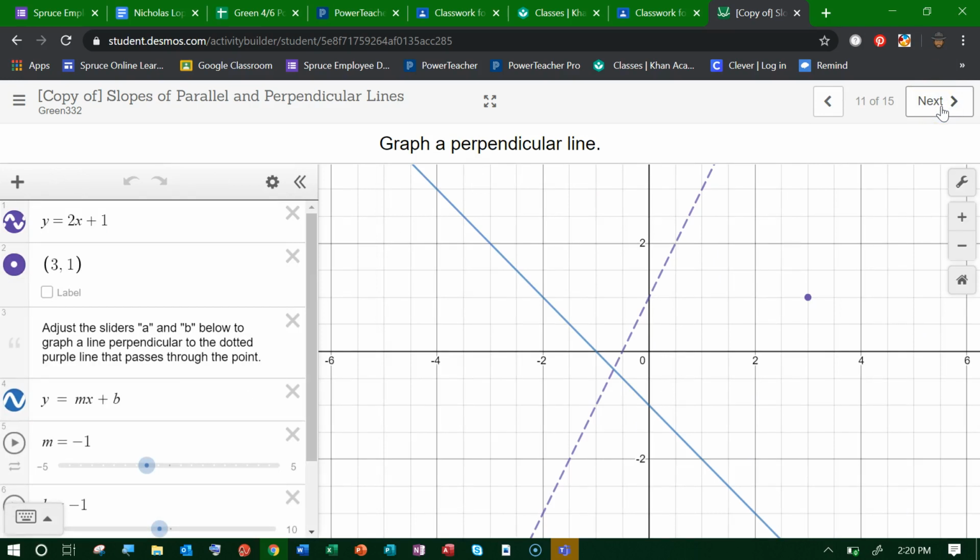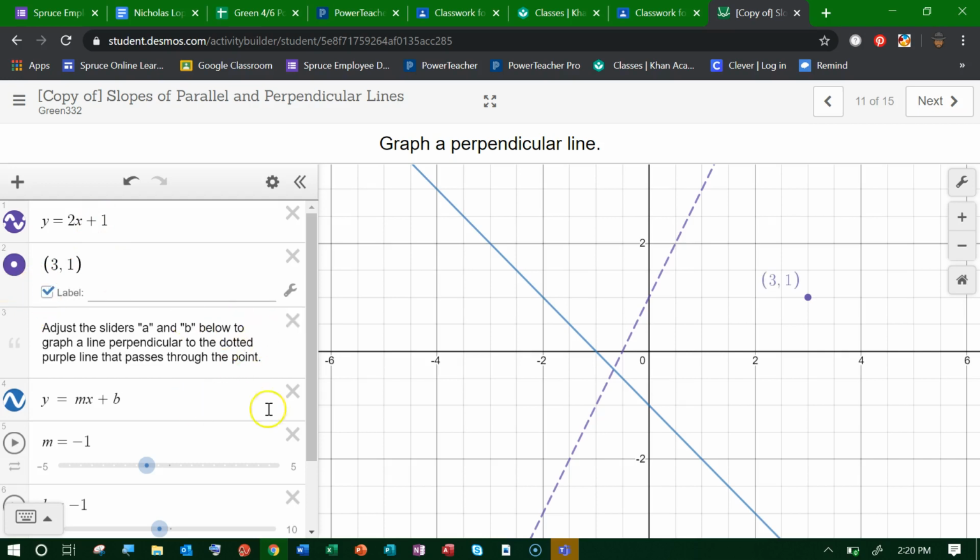So graph a perpendicular line. All right, so if I was trying to graph a perpendicular line, here is my y equals 2x plus 1, and I want the line that is perpendicular to this line through that point. Here's the point just so you can see it labeled.